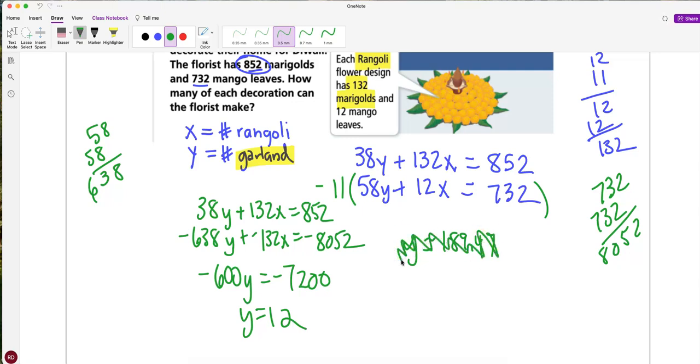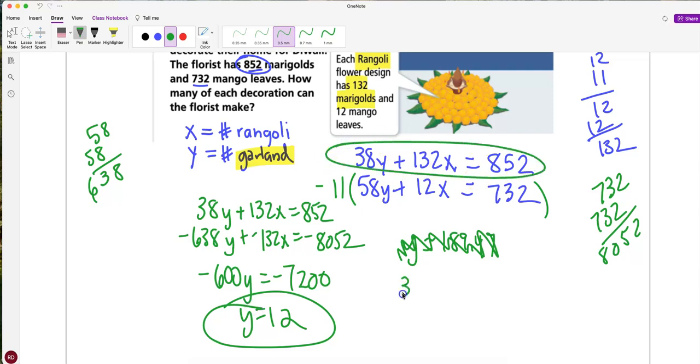And so if y is equal to 12, go back to either equation. I'll try this one. So 38 times 12 plus 132x equals 852. 132x equals 852 minus 38 times 12, which is 396.